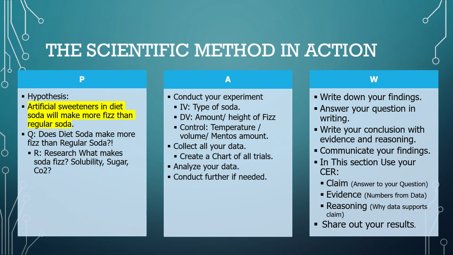So you are going to put all your numbers and all your data and all your pictures and tables that you have collected as evidence, and your reasoning is when you are making sense of this information that you've collected, and you're going to provide it in the reasoning part. Make sure you share your results out, and that is how your information will be communicated and not lost.